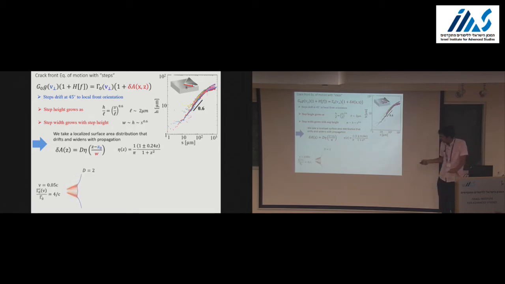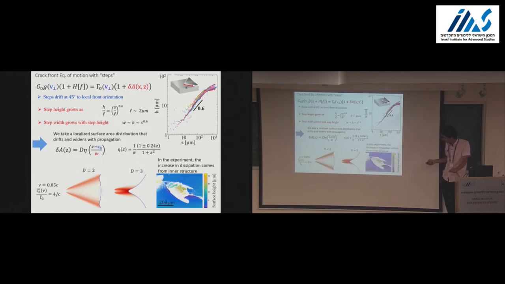Here's a solution of the equation of motion for d equals 2. And if we increase the amplitude of dissipation, we can see that instead of diverging, these two dissipation distributions actually converge.